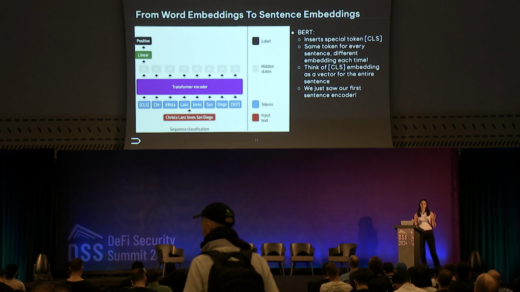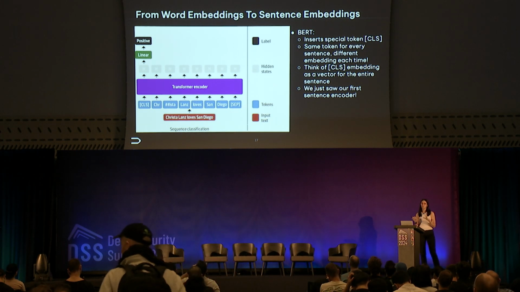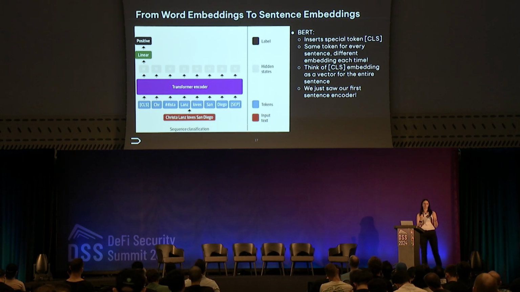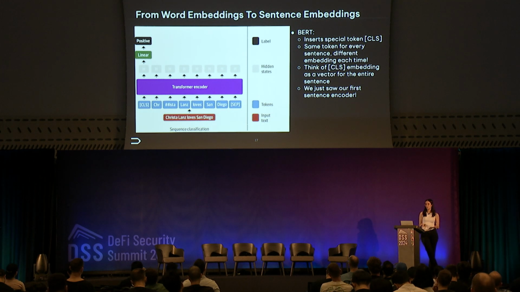You may be wondering why I'm talking about word embeddings. Well, if we treat code as a set of words, that's what we want to do. So we have a set of embeddings. How do we embed a whole sentence, for example? One way to do that was with the BERT model.